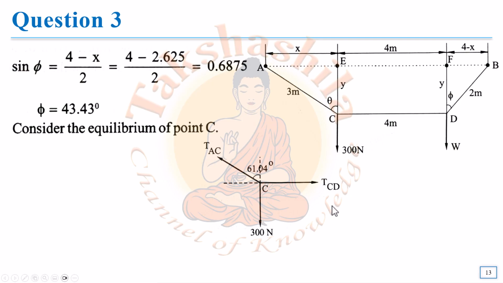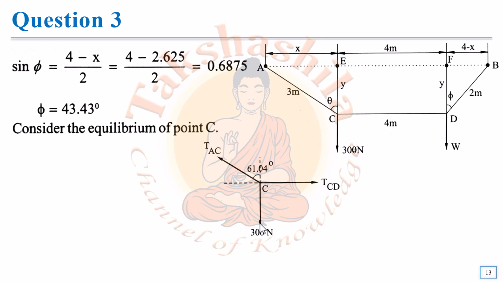So the diagram will be something like this. You will have TCD, which is the tension in CD. We have TAC, which is the tension in rope AC, and this theta angle is obtained as 61.04. We have found it out, right? Then the remaining force is 300 Newton, which is acting in the downward direction.